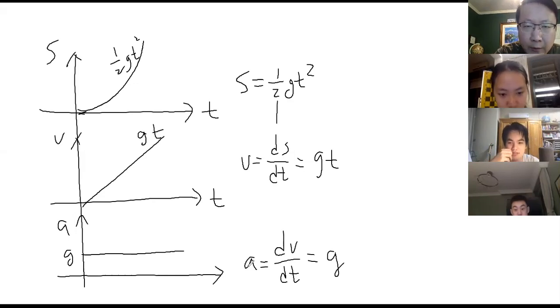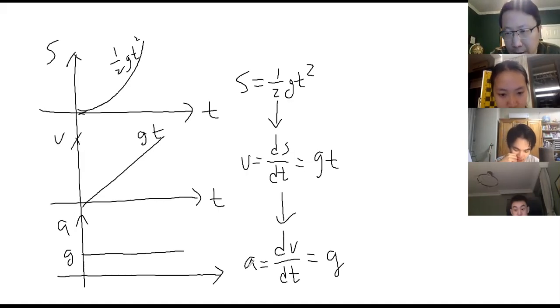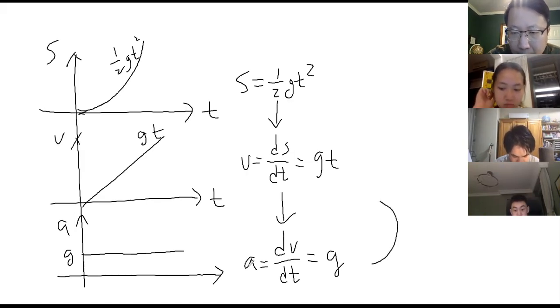If we go from here to here, and from here to here, we keep doing derivatives. We did it twice, from distance eventually leading to acceleration. Now, how can I go back?